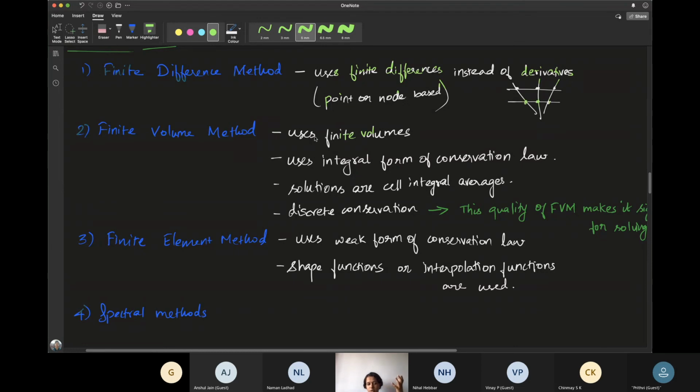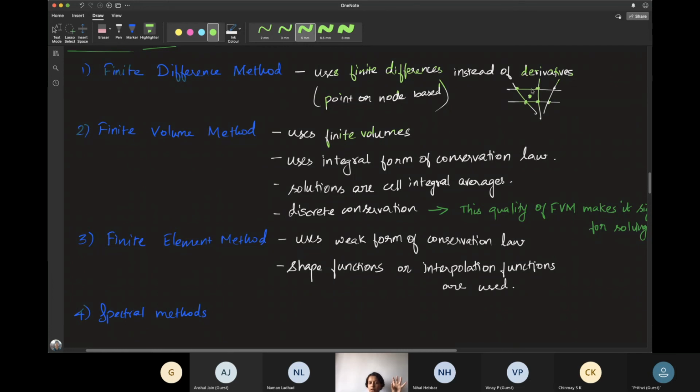Whereas in the finite volume method, you replace the derivatives by using the theory for finite volumes, by considering that these are volumes. In these volumes, information will be stored either at the cell center or at the cell vertex. But finite volume is done by considering the fact that this whole thing is a volume.